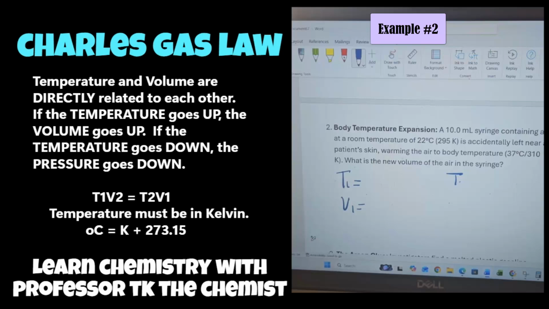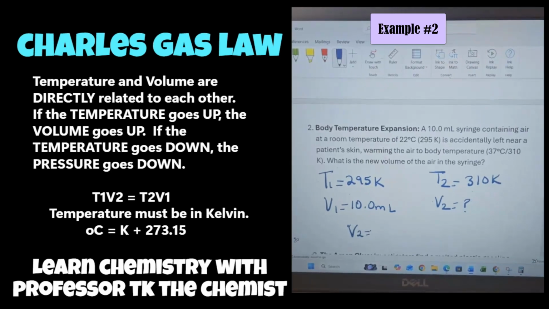We're going to go ahead and plug in what we already know to make sure. It says a 10.0 milliliter syringe containing air at a room temperature of 22 degrees Celsius, which is 295 Kelvin, is accidentally left near a patient's skin. Warming the air to body temperature, 310 Kelvin. What is the new volume?